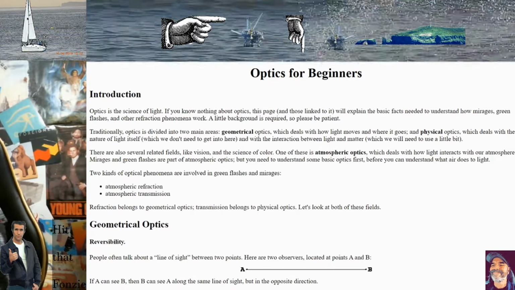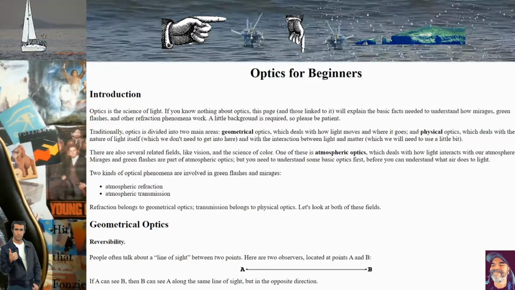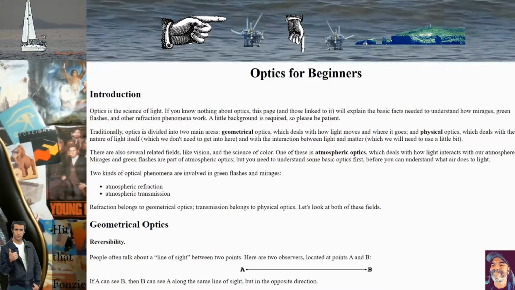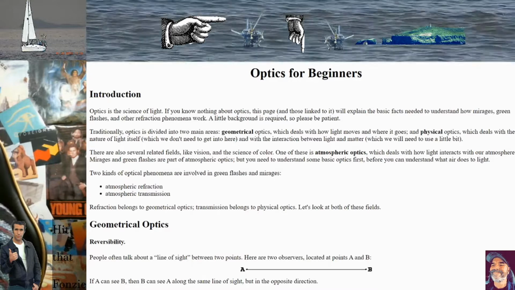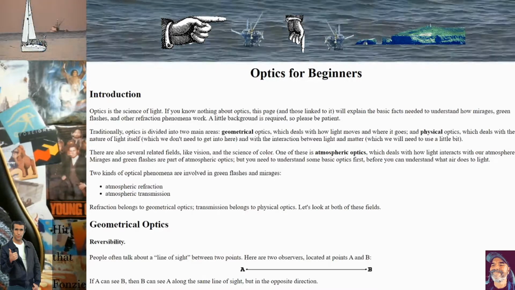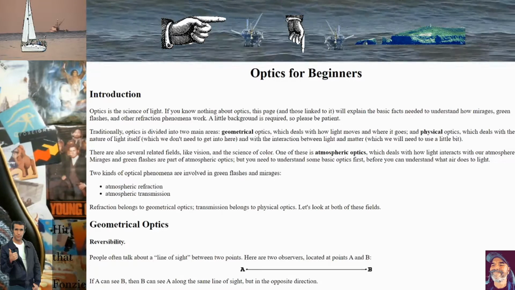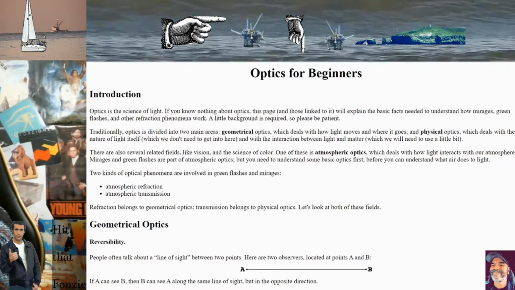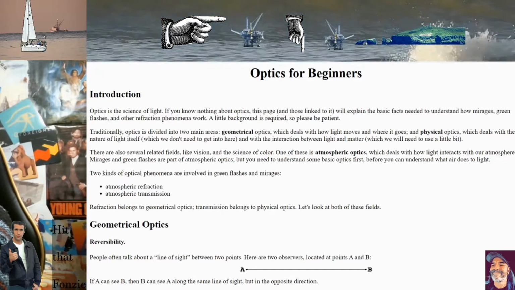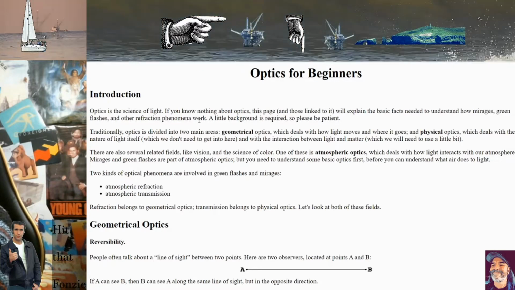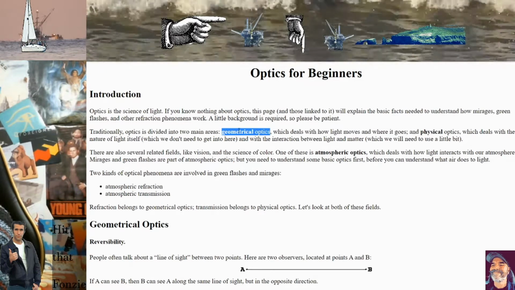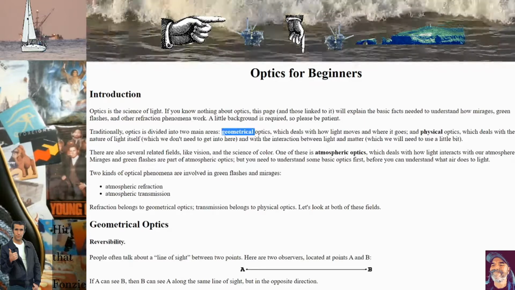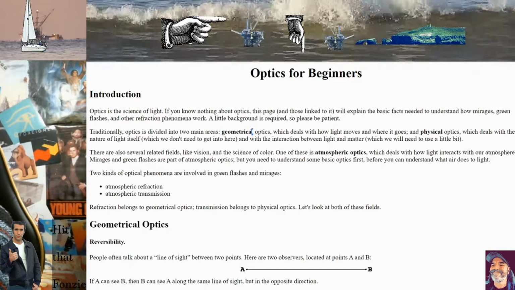So here we go. Optics is the science of light. If you know nothing about optics, this page will explain the basic facts needed to understand how mirages and other refraction phenomena work. Optics is divided into two main areas. Geometrical optics. Okay, geometry has to do with the shape of, or the measurement of land, right?